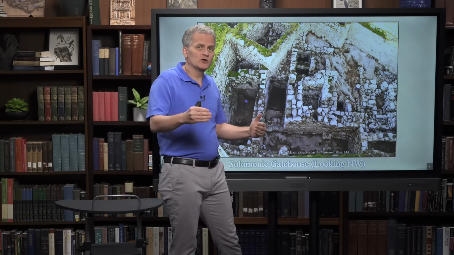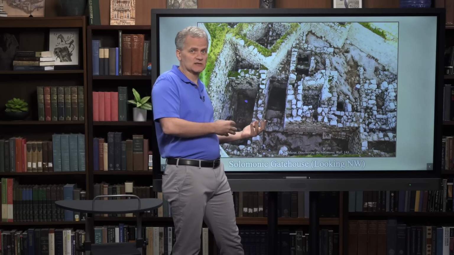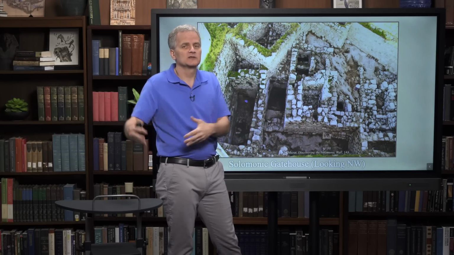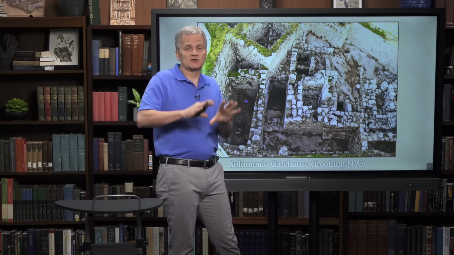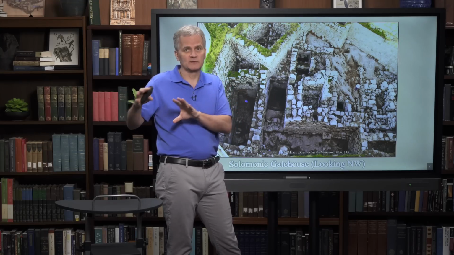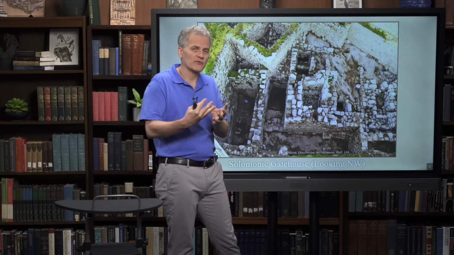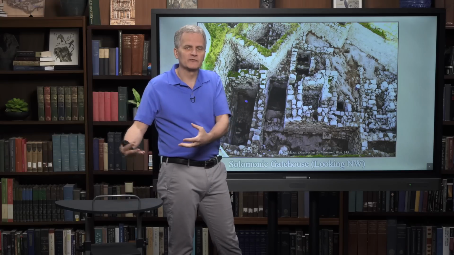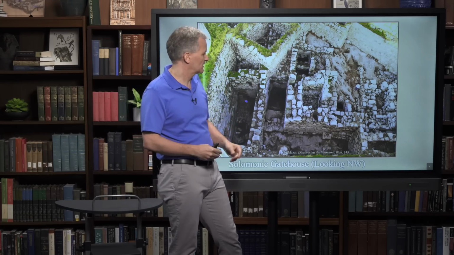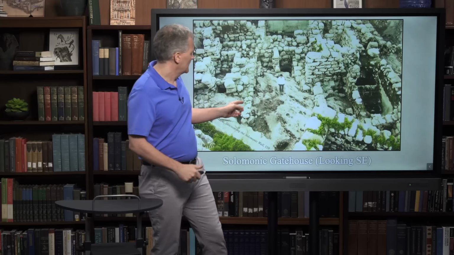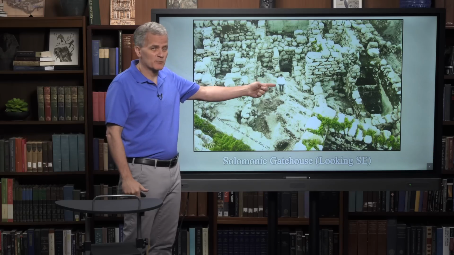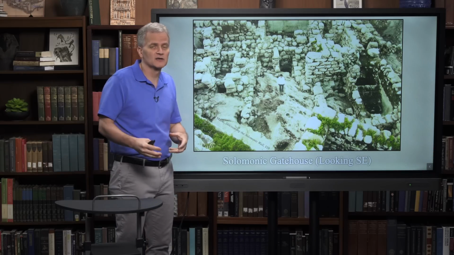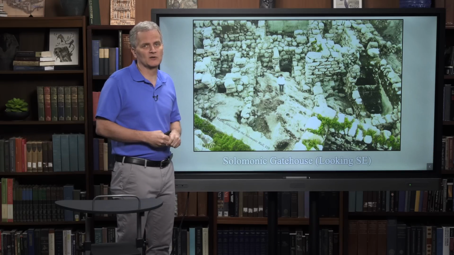So anyone who wanted to access the tower had to go through the gate to get into or onto the tower. So that would essentially be an extra level of protection for the defenders who were up on the gate, stopping anyone from below from attacking the city. Then this is another view here, and this gives you, with a person standing here, a little bit of a perspective on the size of this monumental architecture.